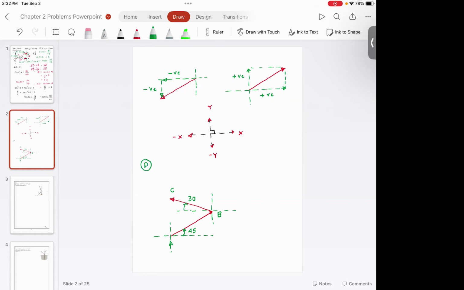So the problem goes something like this. Problem: find the sum of AB and BC. The problem can also be worded as find the resultant of vectors.